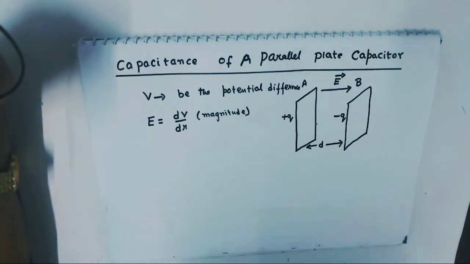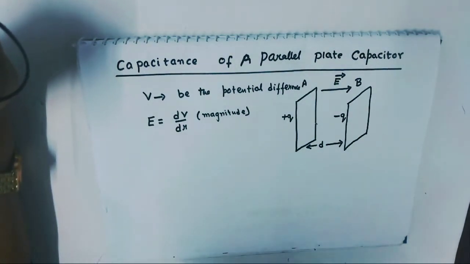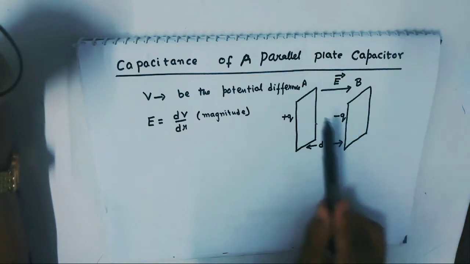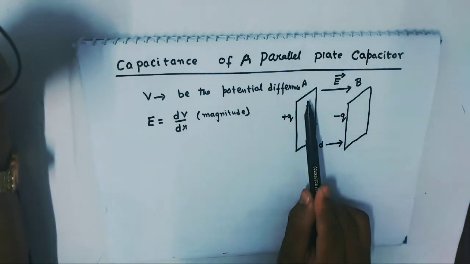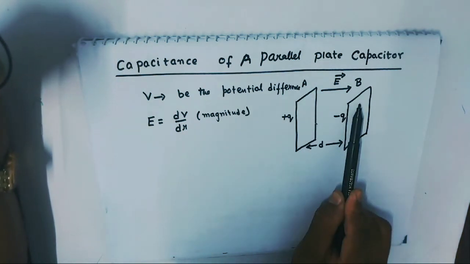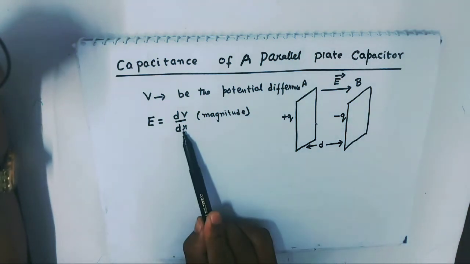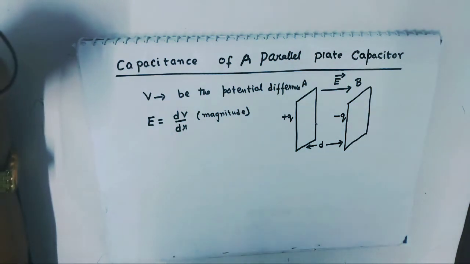This dV is the difference in potential between these two plates, A and B, and this dr is the distance between the plates.